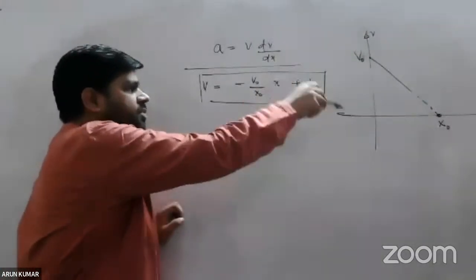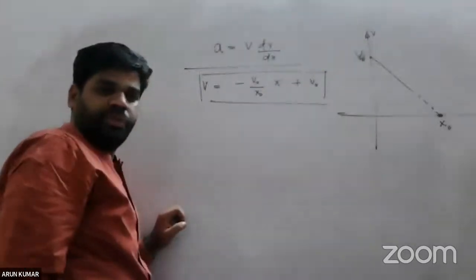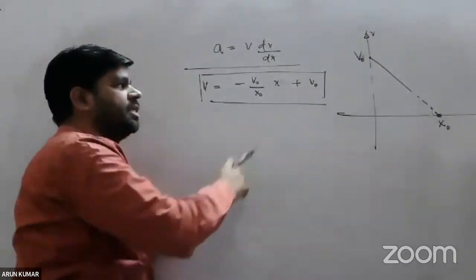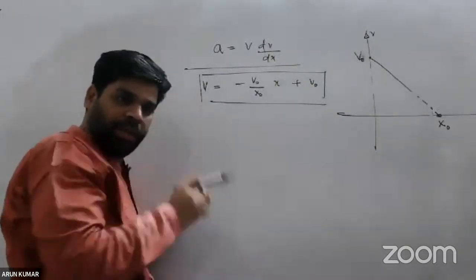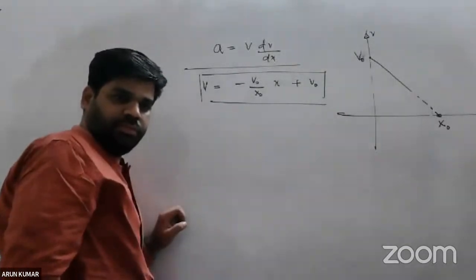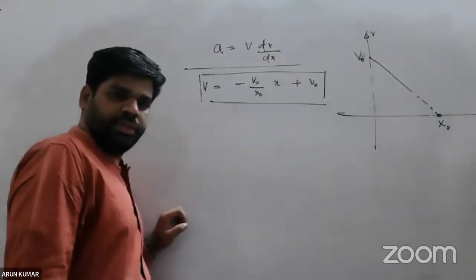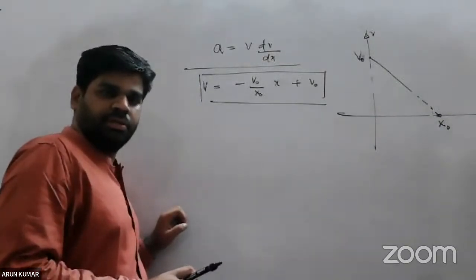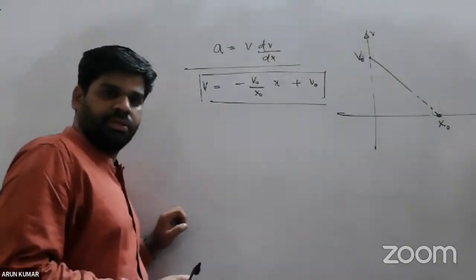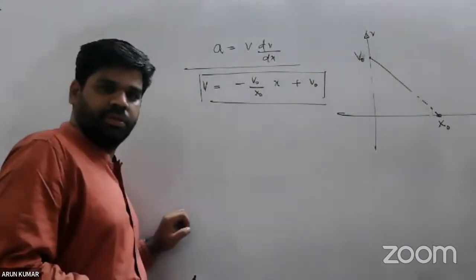Slope is minus v naught by x naught plus intercept v naught. Y intercept. Y is equal to mx plus c. Is the equation okay? Is the equation understood? Yes, sir. Sir, can you please explain?